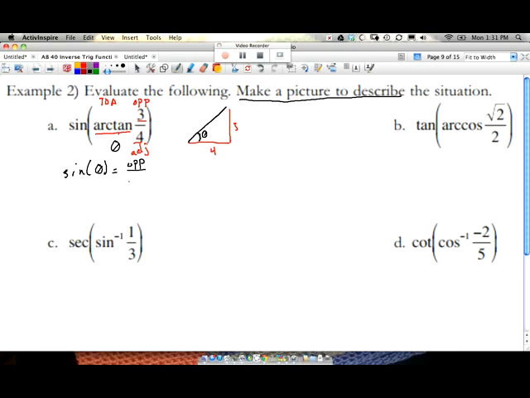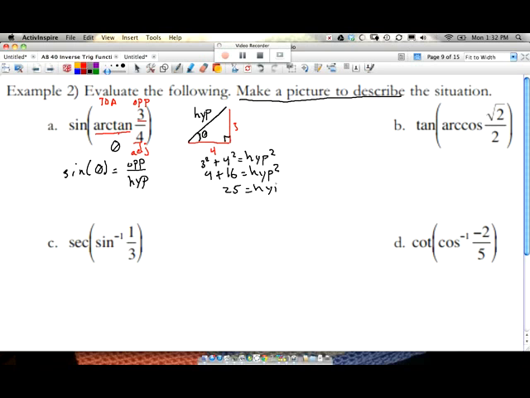Now that wouldn't be that big a deal, except we don't know what the hypotenuse is. But we do know this is a right triangle, and we do know the Pythagorean theorem. You guys are probably even already there. You're thinking 3, 4, I know the answer to this, because 3 squared plus 4 squared equals the hypotenuse squared, and that's 9 plus 16 equals the hypotenuse squared, which gives me 25 equals the hypotenuse squared.